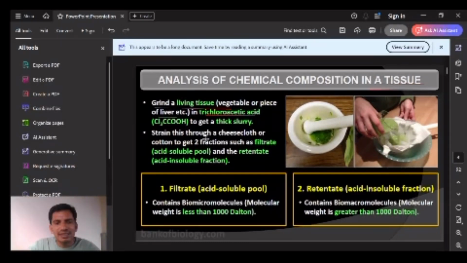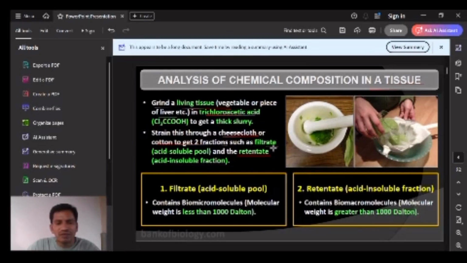Now strain this through cheesecloth or cotton cloth to get two fractions. One is the filtrate, the other is called the retentate, which is the remnant left in the funnel. Filtrate is what comes down into the beaker.